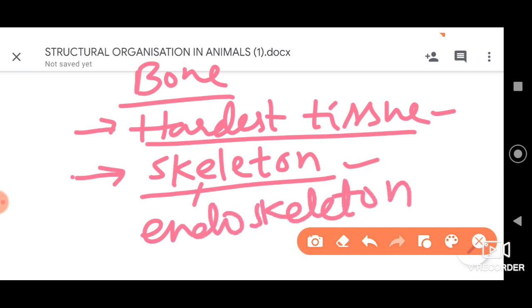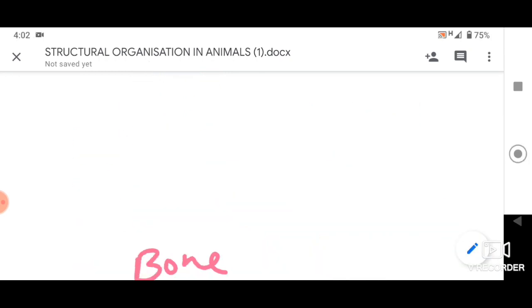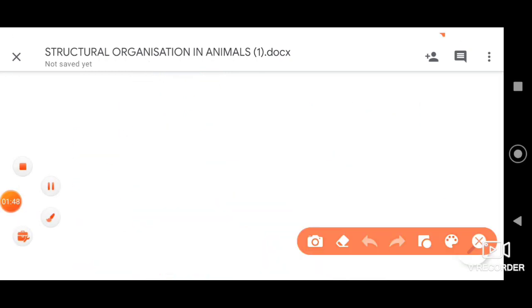When I say endoskeleton, our internal framework of the body is through the endoskeleton. We have so many bones. In the case of human beings, we have 206 bones which are divided into axial skeleton and appendicular skeleton. So the endoskeleton is made up of bone tissue. And not only the endoskeleton of humans, but also that of bony fishes.